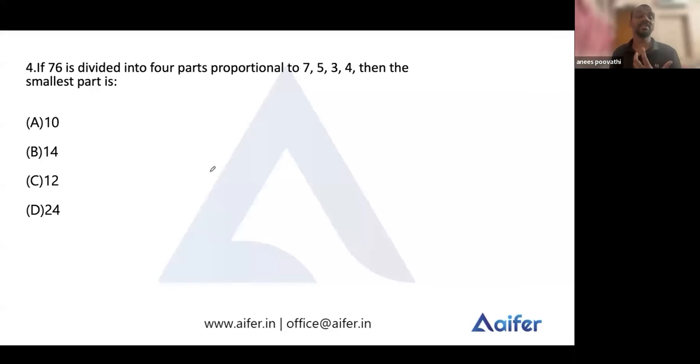It's given that 76 is divided into 4 parts which are in the ratio 7 is to 5 is to 3 is to 4.